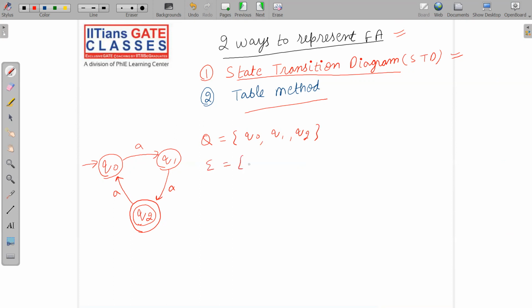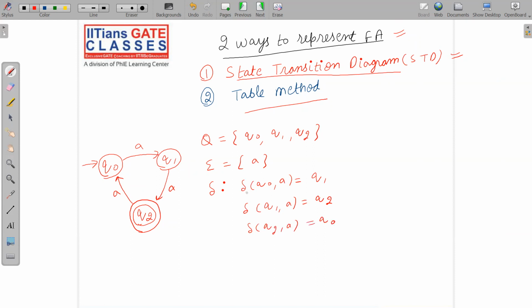Sigma is the input alphabet, only A. A is given, B is not given, so sigma will be {A}. Then delta, the transition function: delta of q naught, A is Q1. Delta of Q1, A is Q2, and delta of Q2, A is Q naught.